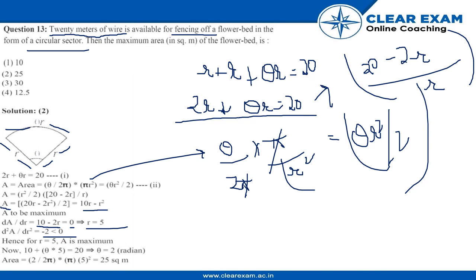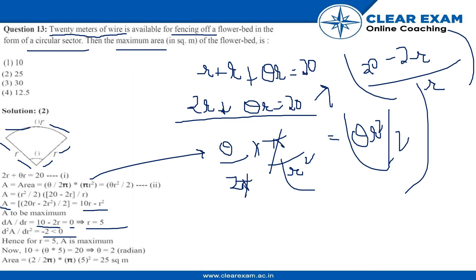Now as we have to calculate the maximum area, we will simply put the value of r in our original equation. So that means 2 into 5 plus 5 into theta equal to 20. Once you calculate this equation, theta simply comes out to be 2 radian.